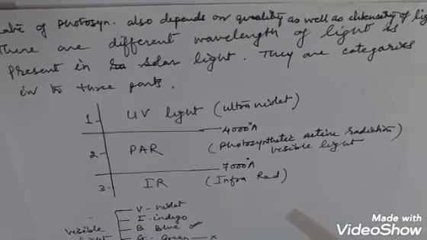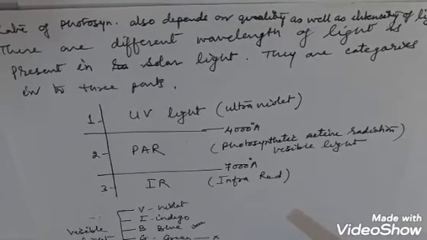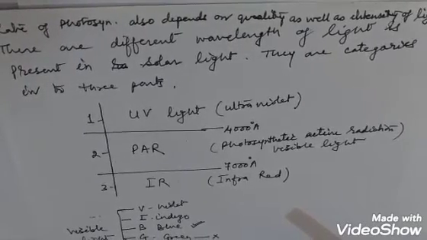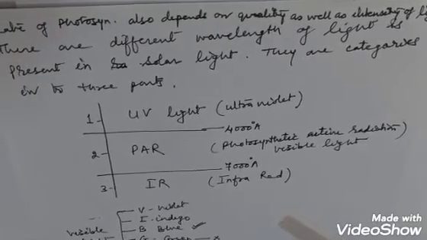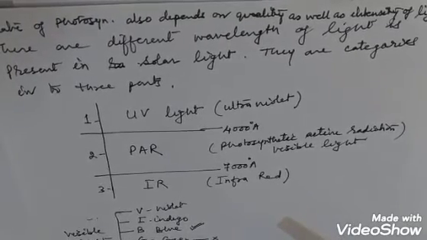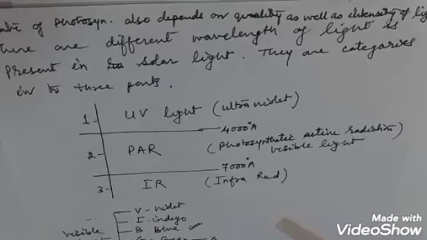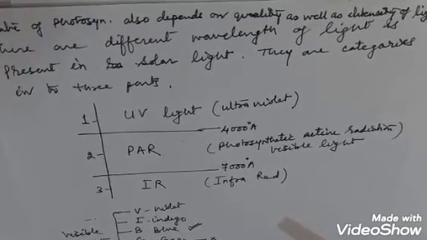So the wavelength of UV light is very low, hence its energy is high, and it has the capacity to penetrate the skin, damage the DNA and cause cancer. And the third part of light, infrared light, has a wavelength above 7000 Angstrom.